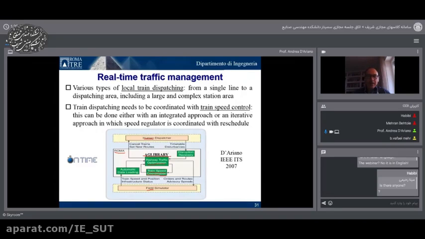This was still a project in a laboratory environment, but they were using real-world data from different infrastructure managers and train operating companies in Europe. Everything was simulated in a simulation environment.